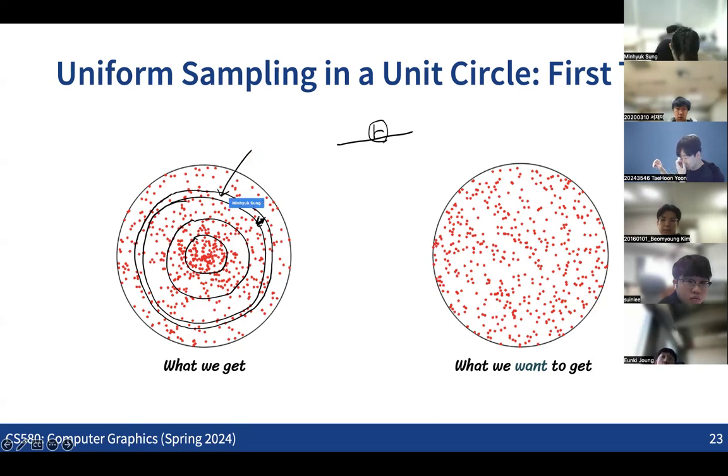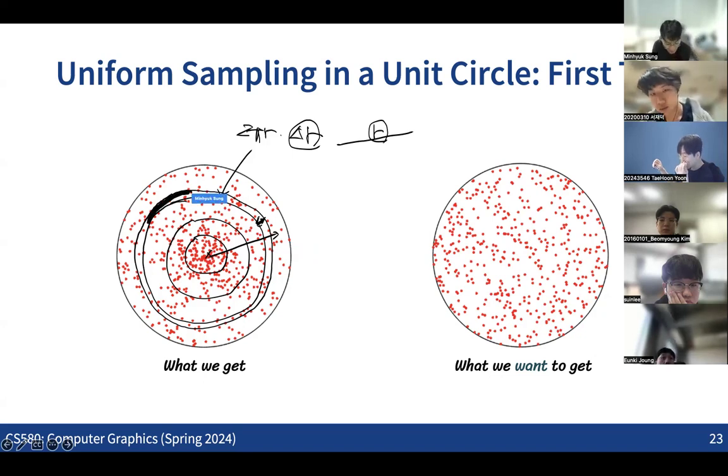the area of each ring is different, because the area is defined as 2 pi r times delta r, right? As we go further from the center to the outside of the circle, the area of the ring increases while we have the same probability of picking each circle.